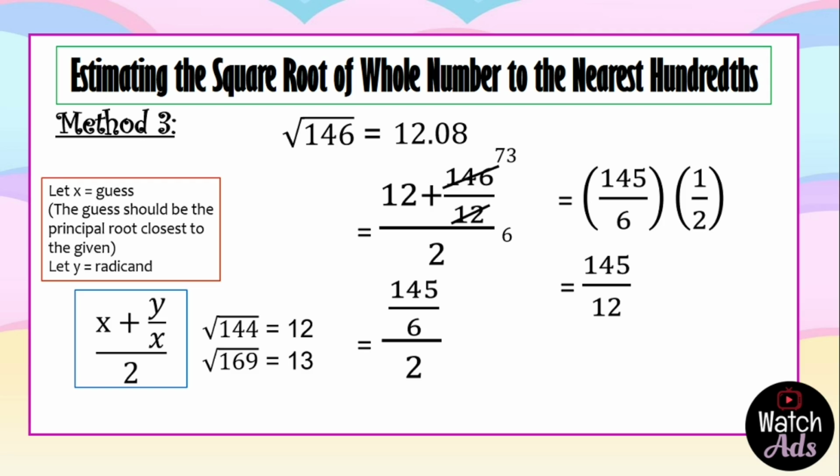Since I have already checked and verified that 12 and 800 is the correct answer, I will no longer proceed with the second step. But if you are uncertain of our first step, you can still consider second step, where x is equal to 12 and 800 and y is still equal to 146. We still undergo this same process like we have done in this method.